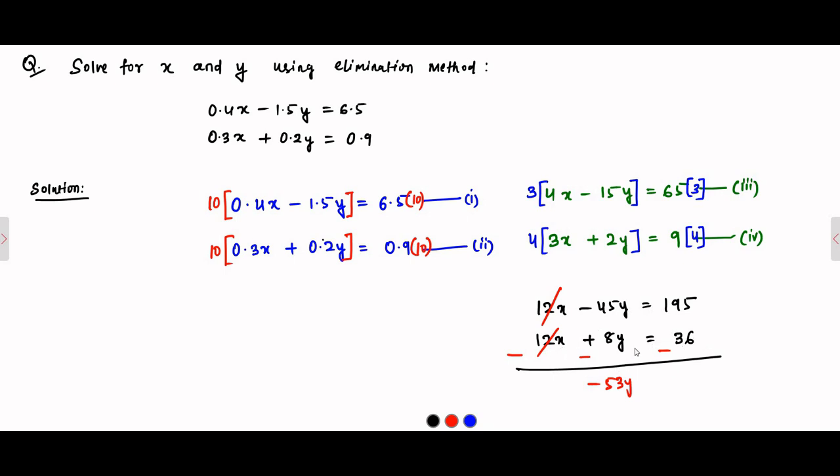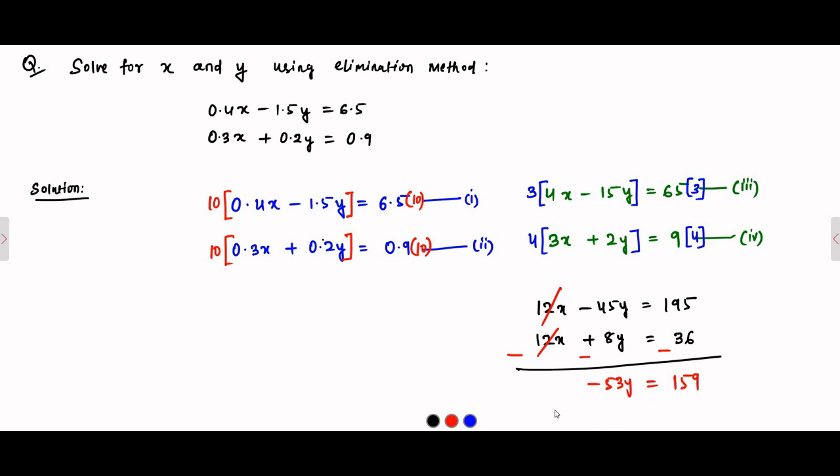So 195 minus 36 is equal to 159. So we have minus 53y is equal to 159.